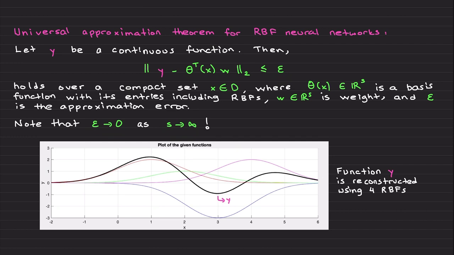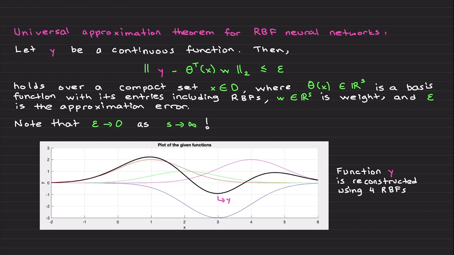Before we proceed further, let's say we would like to approximate this black function. And to approximate it, I am using 4 radial basis functions. I am choosing the first one, the red one, like this, so that it is getting close to this black function, but it also has some contributions from the green, magenta, and blue radial basis functions.